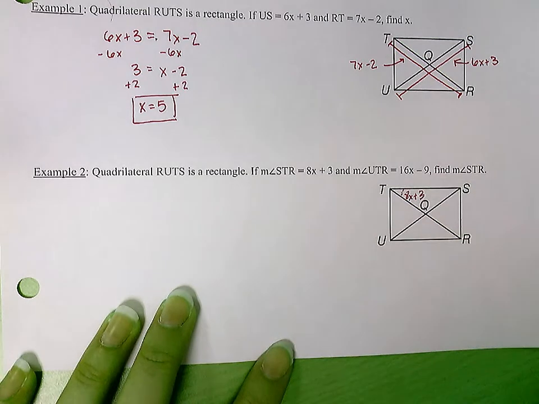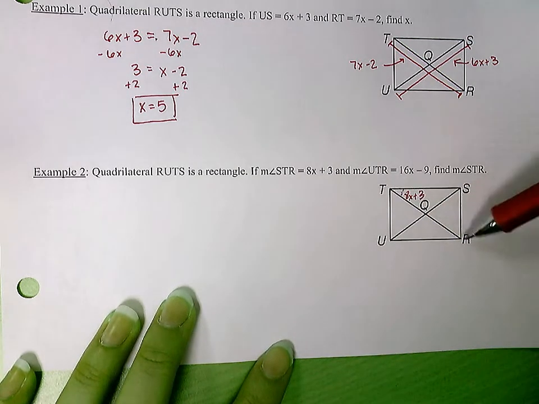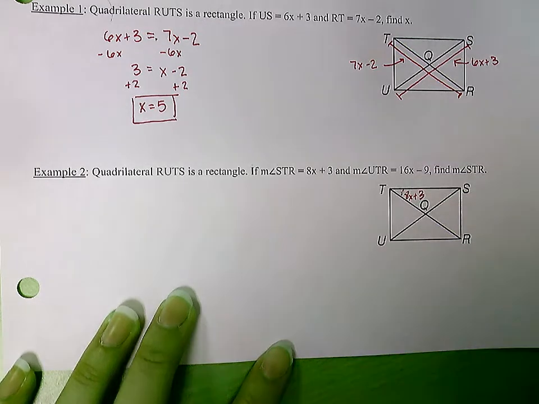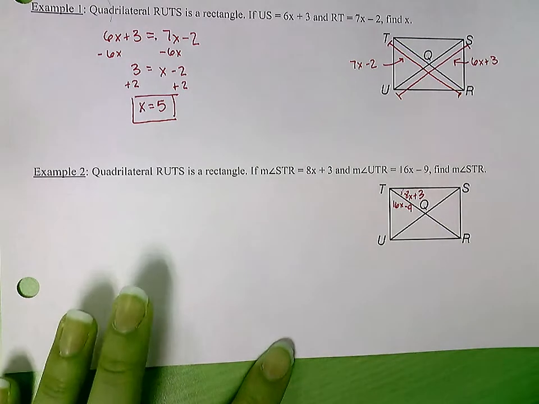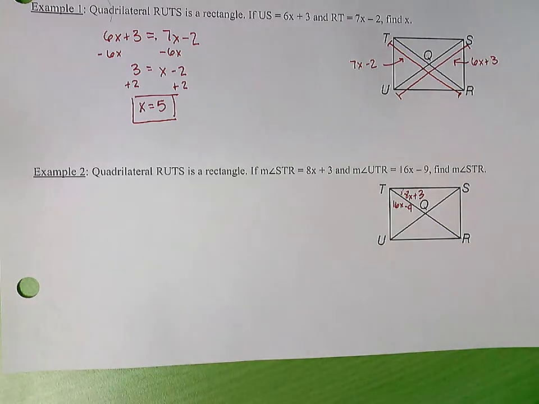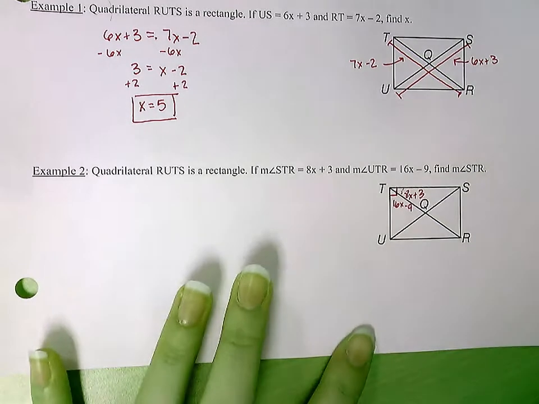And the measure of angle UTR, this angle right here, is 16x minus 9. What do all of the angles in your rectangle have to be? 90. So angle T right here is 90.